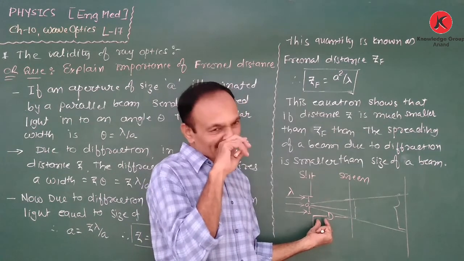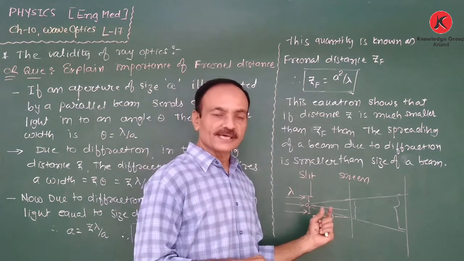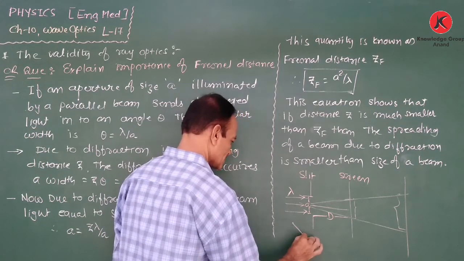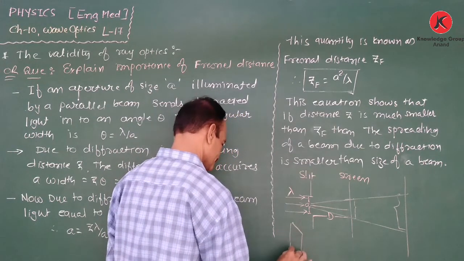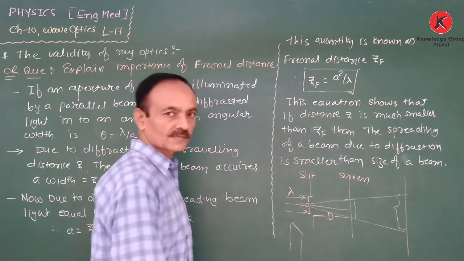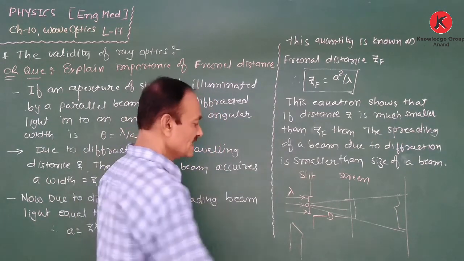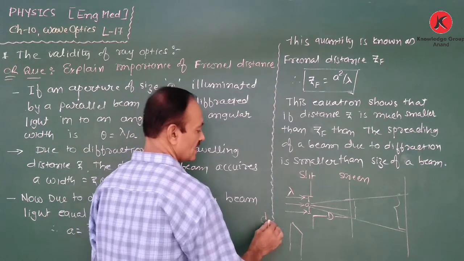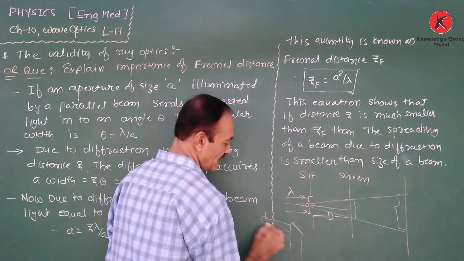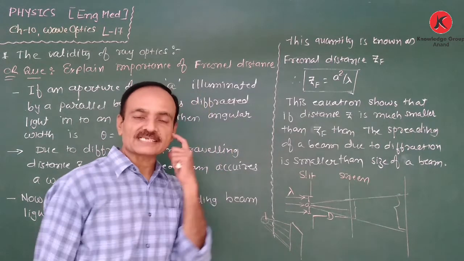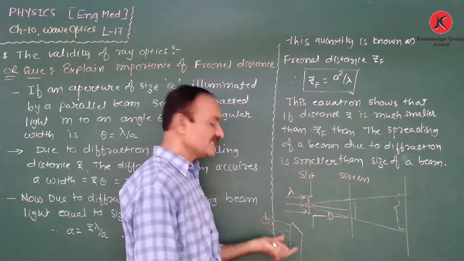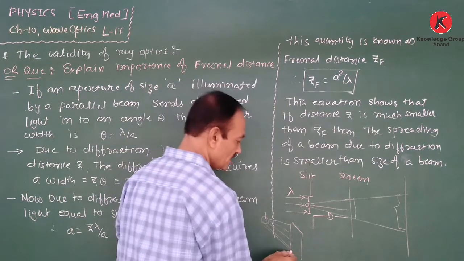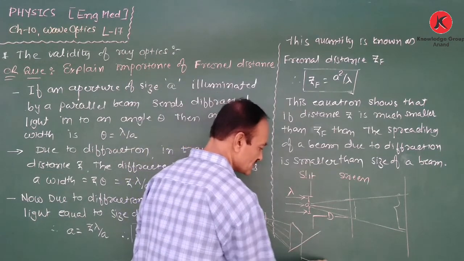So that is the importance of Fresnel diffraction. One more thing: in our daily life, suppose there is a door in a room, and a bulb is illuminated inside the room. The rays of light from the bulb pass through the door opening, and on the floor we see the shadow like this.